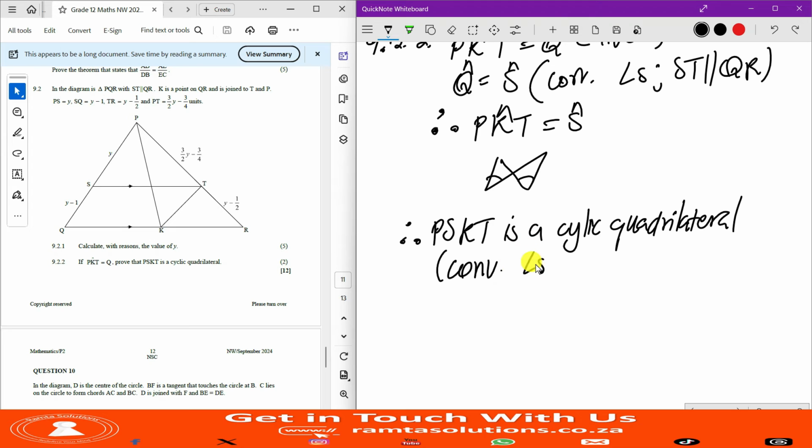Of angles on same segment. Remember, I'm using converse because these were not concyclic, right? They were not lying on the circumference of a circle. So it's converse of angles on same segment.